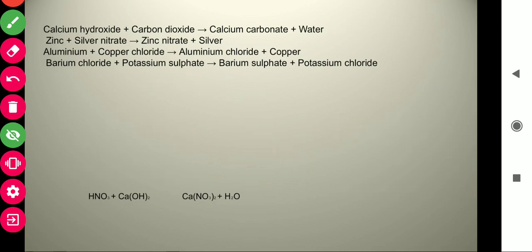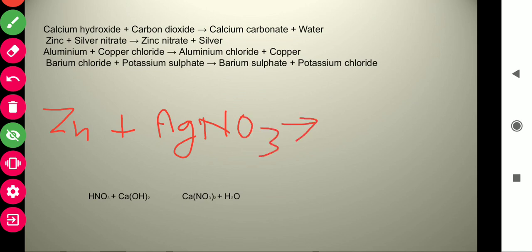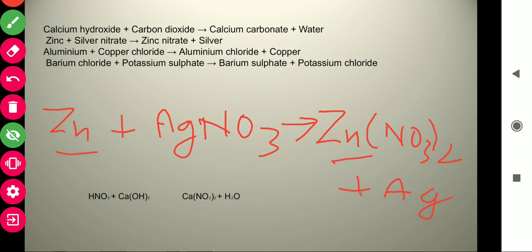Let's take another. Zinc, symbol Zn, plus silver nitrate, AgNO3. Here what will form? Zinc nitrate, Zn(NO3)2. With the help of valency, we make the formula, plus Ag. Now if we want to balance it, zinc is already balanced, but nitrogen is not balanced, and oxygen is not balanced.